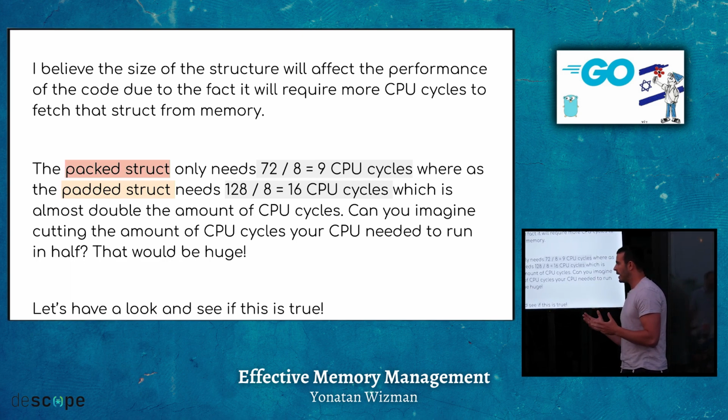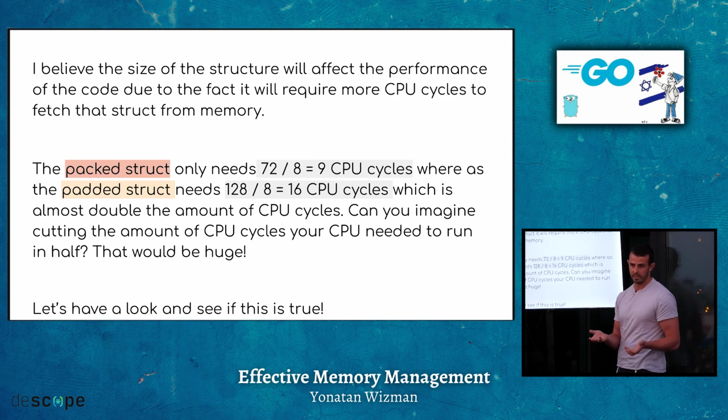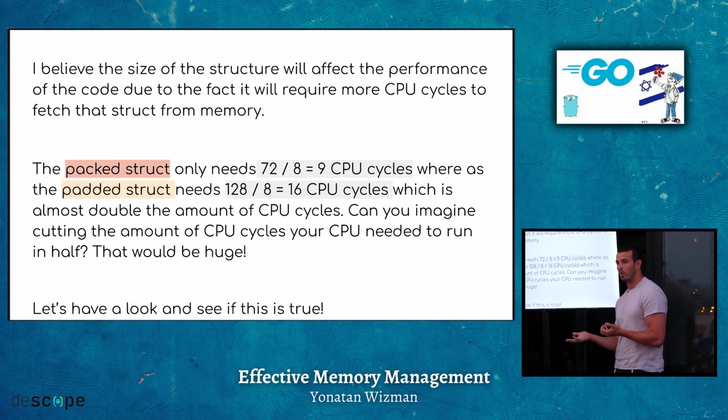So, let's say we have, in this example that we just gave, the padded struct and the packed struct. The padded struct we saw was a size of 128. 128 divided by 8, which is the size of a word cycle, means it would require 16 CPU cycles in order to read that structure, as opposed to the 72 bytes packed struct, which would only require 9 CPU cycles.